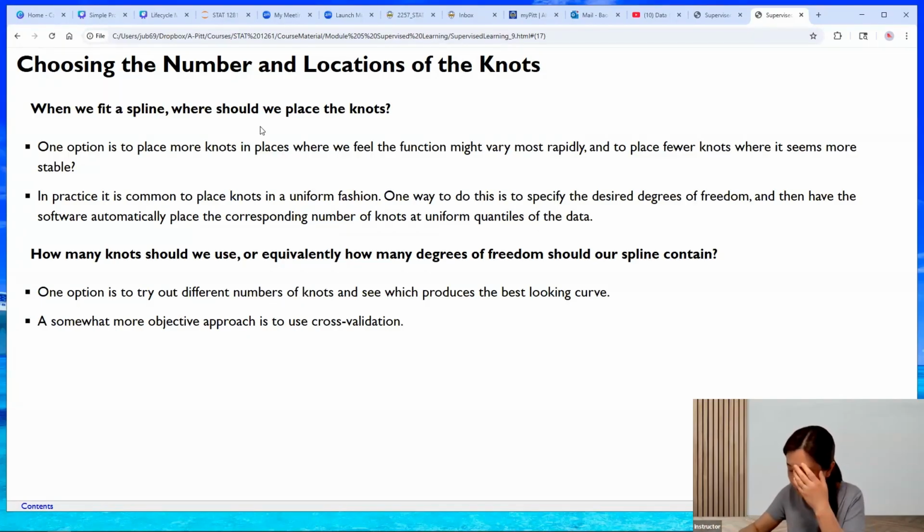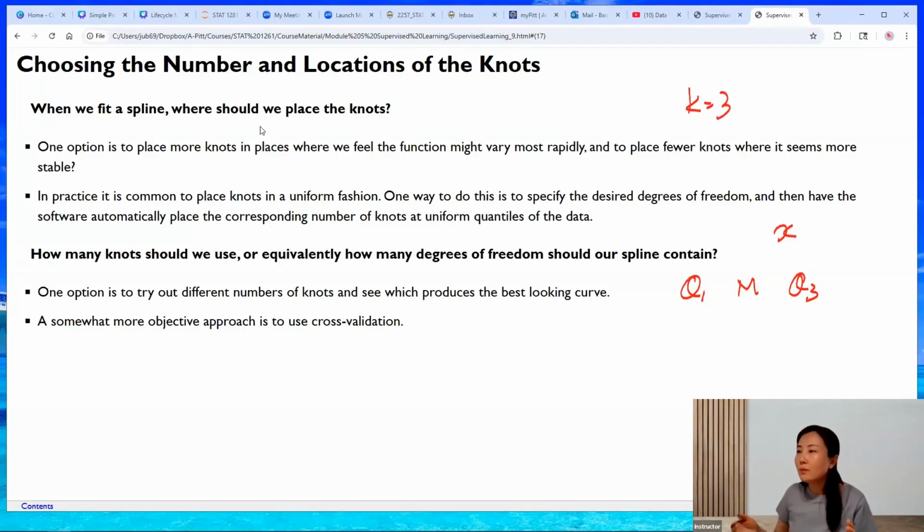For example, if k is 3, and we only consider one predictor variable x, it will calculate the first quartile, the median, and the third quartile of your x values, and then use these three as the 3 knots to split the data, which is very reasonable.